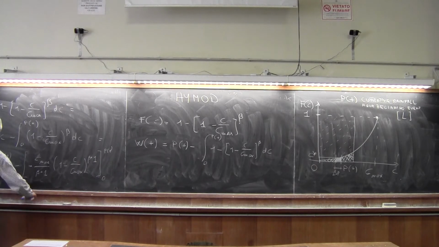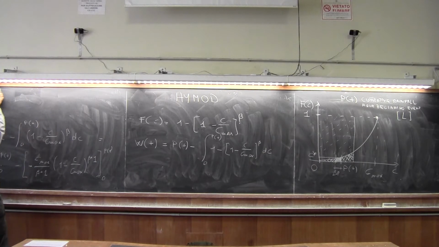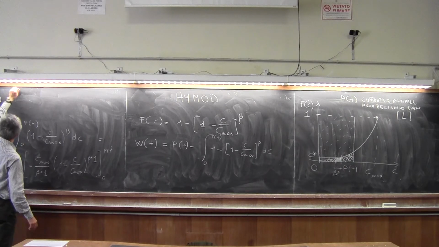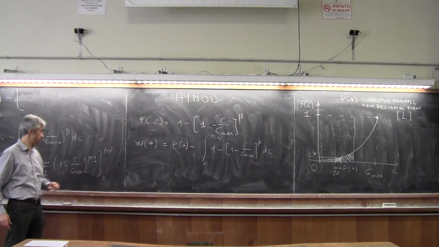Okay, now let me delete this. And I can write that pt, this is the first integral, the first computation here is just pt minus 0, so pt. And here I have minus, okay, let's compute it. First of all, let's substitute c with pt.